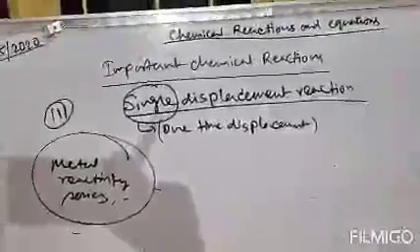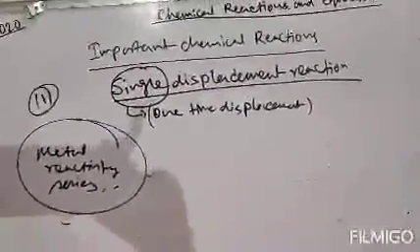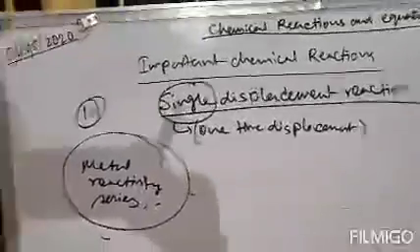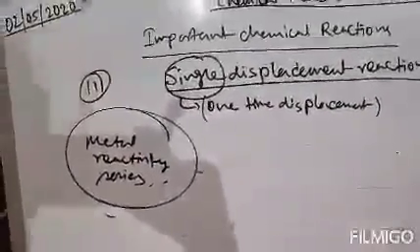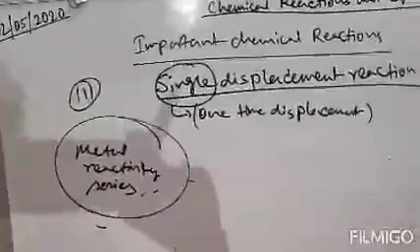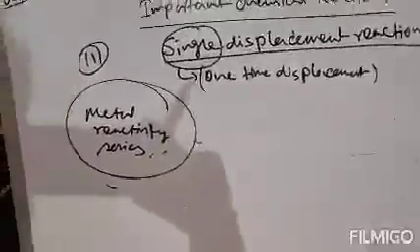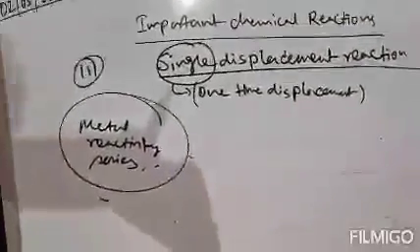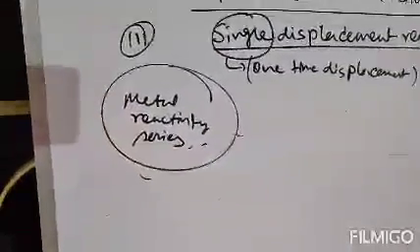So in the metals and non-metals section, go through the topics of metal reactivity series and displacement reaction, and how a highly reactive metal displaces the less reactive metal. I have already discussed in detail that the metal reactivity series has to be learned, and how the displacement reaction takes place. So just go through that topic and you will understand better.